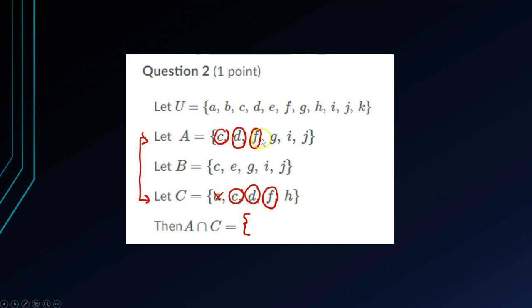So C, same with D and F, they would work. When I look at G here, G is in A but not in C. H is in C but not in A. I and J are in A but not in C. So C, D, and F are the only ones that are in both sets. The other ones, as I mentioned, don't work. So this is the final answer that you would type in for this.